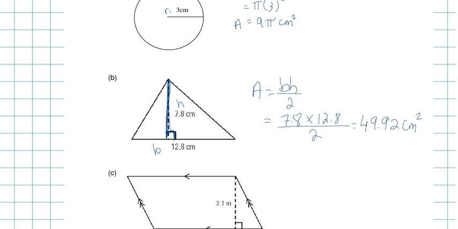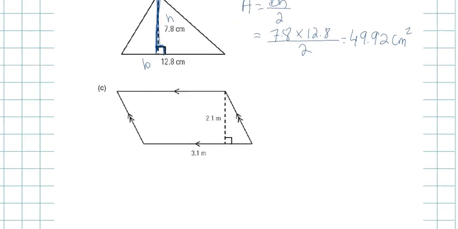The next shape is, do you guys know what this is called? Parallelogram, that's right. So for parallelogram, the formula in your formula sheet is base times height. So all what I need to do for this one is literally just write A equals B times H, right?